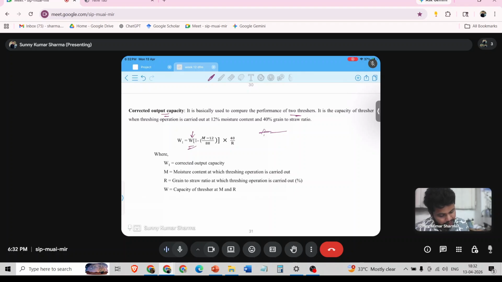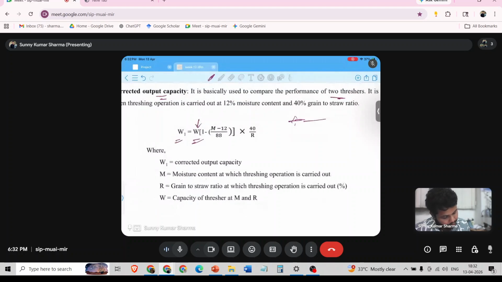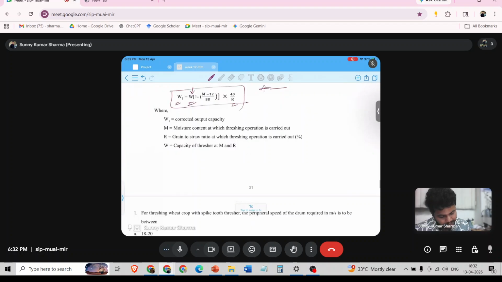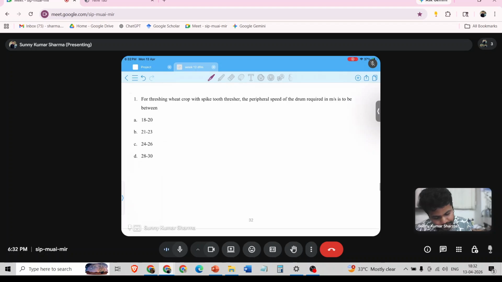For that, we need to convert it with respect to moisture content of 12% and grain to straw ratio of 40%. For that, we will use this formula and we can calculate corrected output capacity. So we are now in a position to solve the numericals or the questions of week 12.